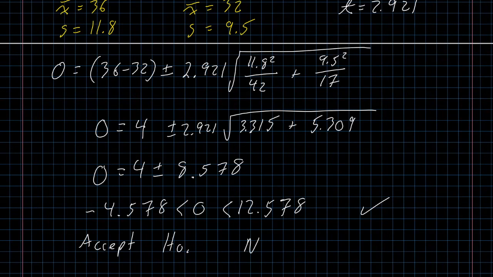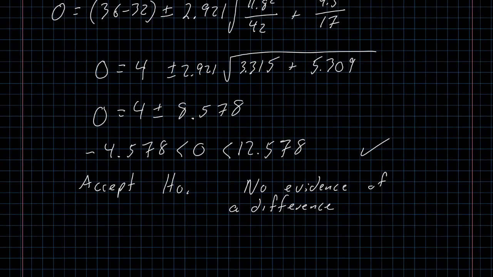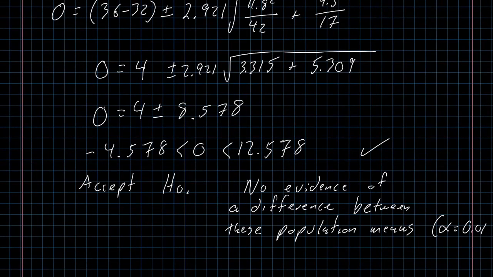There is no evidence of a difference between these population means, alpha equals 0.01.